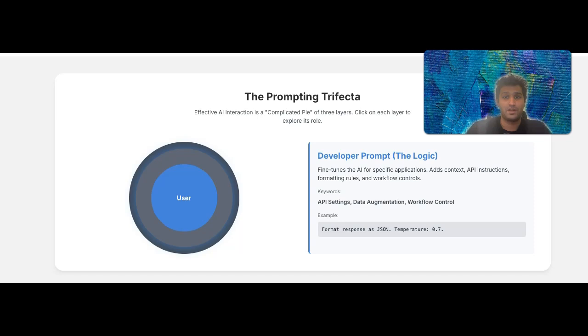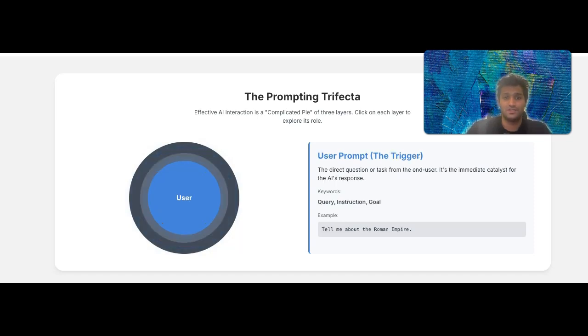This layer might also interject relevant contextual data. The AI doesn't just see the user's question in isolation; it interprets it based on its core persona from the system prompt, and then the specific operational rules and context provided by the developer prompt. The final output is a blend, a complicated pie shaped by these layers.